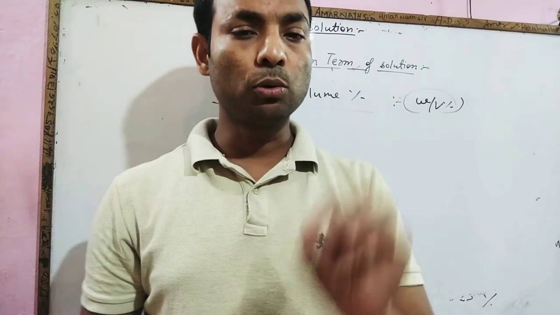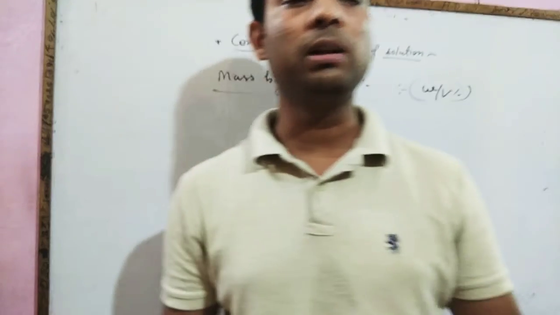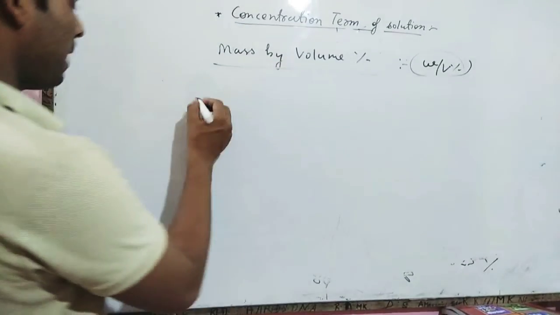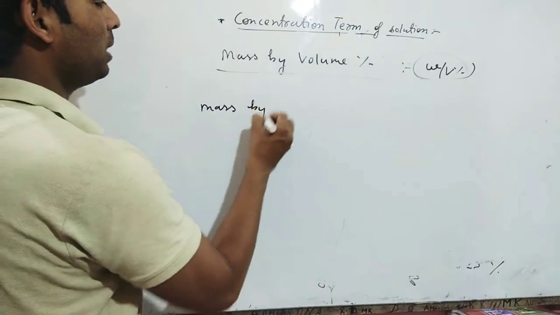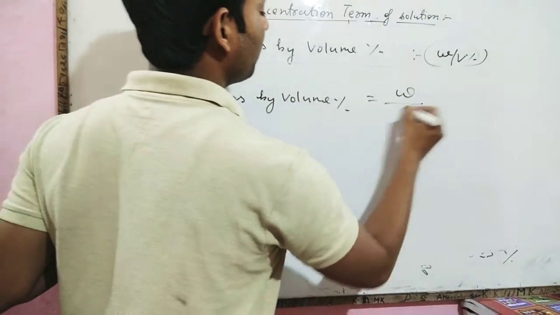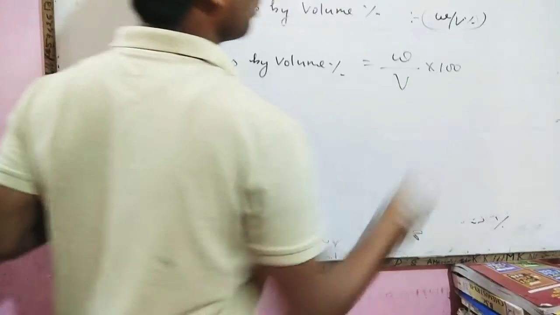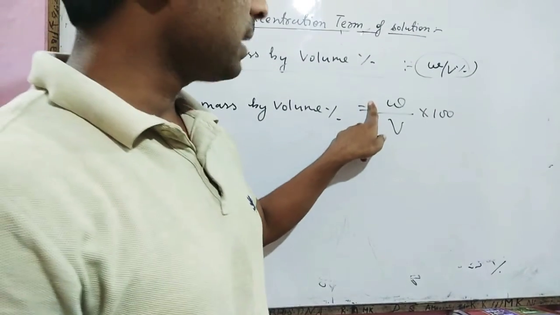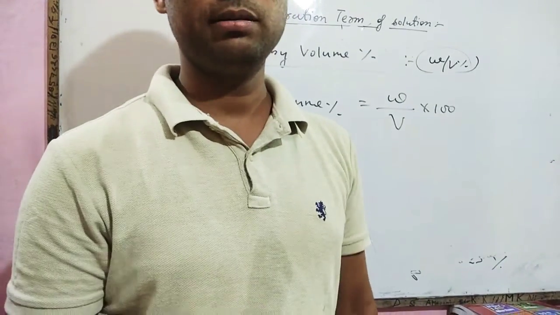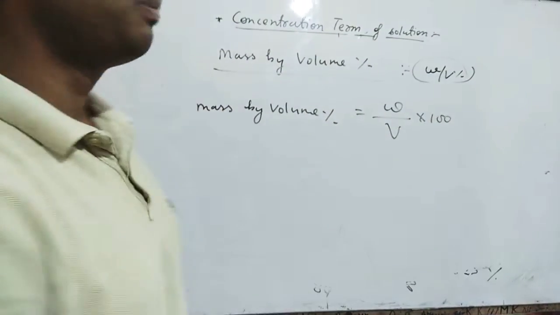Clear, students? Mass by volume percentage equals small w by capital V into 100, where small w is the mass of solute in grams and V is the volume of solution in ml. So this is a very simple formula.